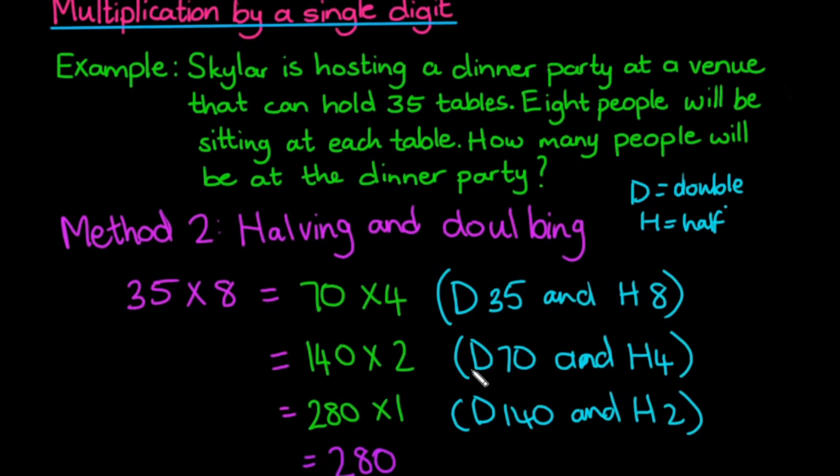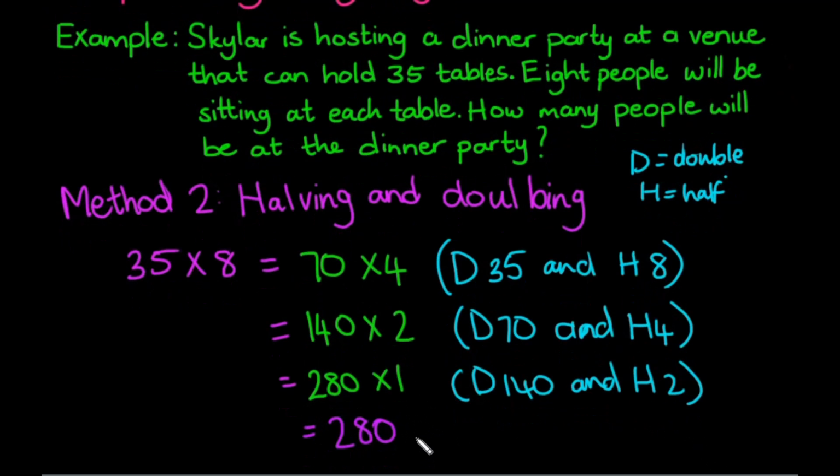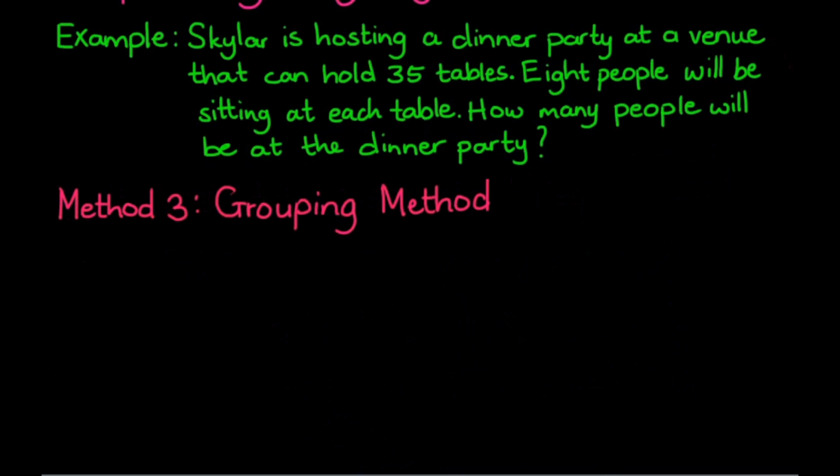In the second line, I doubled 70, I got 140 and I halved 4, which is 2. And then the last line, I doubled 140, which is 280, and halved 2, which gave me 1. And anything multiplied by 1 is equal to itself, which means that my answer will be 280.